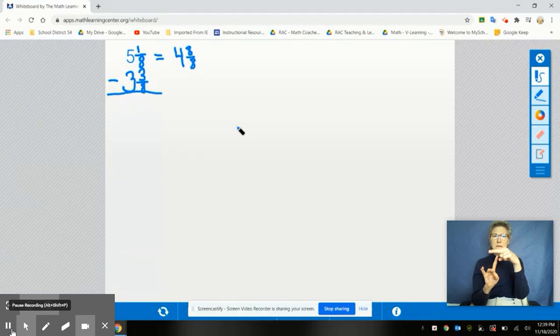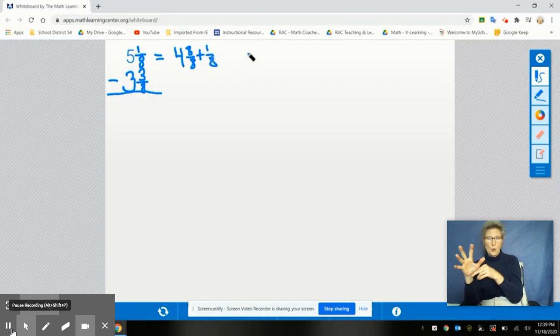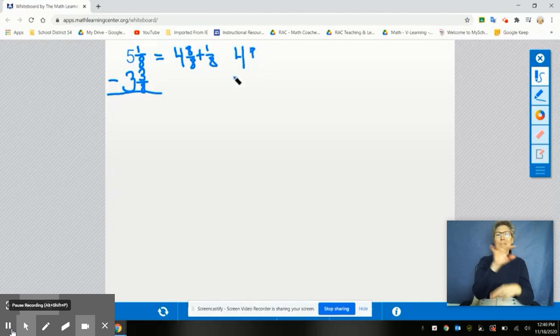Okay, so now that I have my equivalent fraction for 5, I'm not done yet because I still have this 1/8 piece. So I'm going to need to add that to that. So 4 and 8/8 plus 1/8. Write that in there. What do we get when we add those together? 4 and 9/8. Awesome.